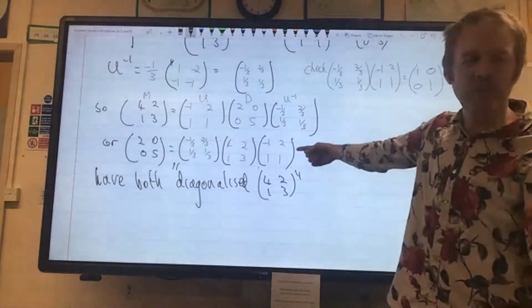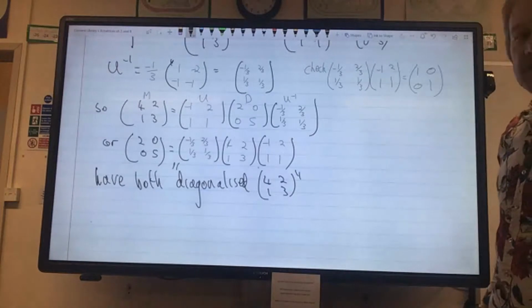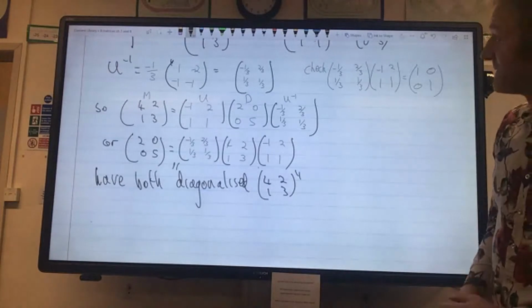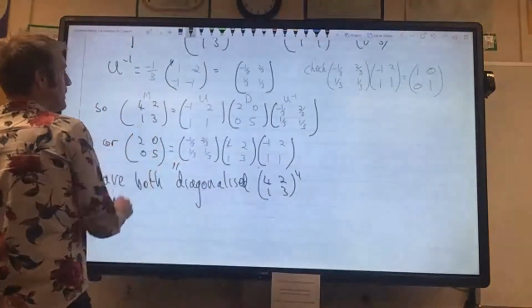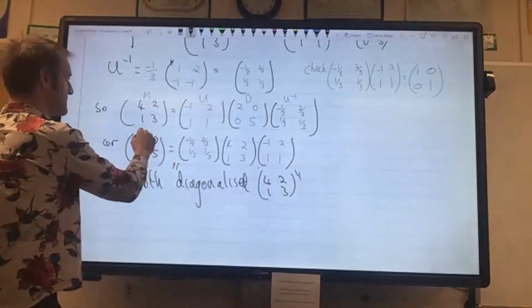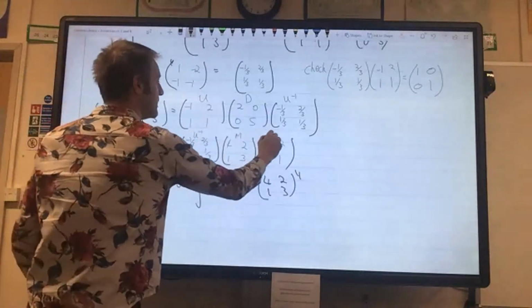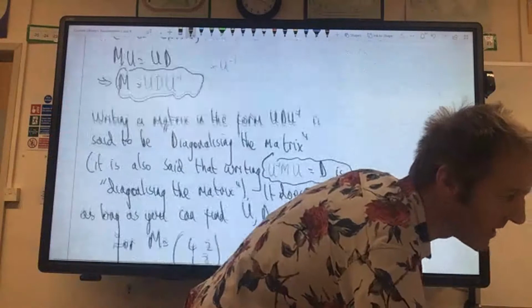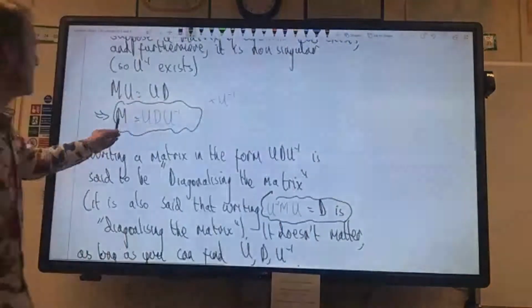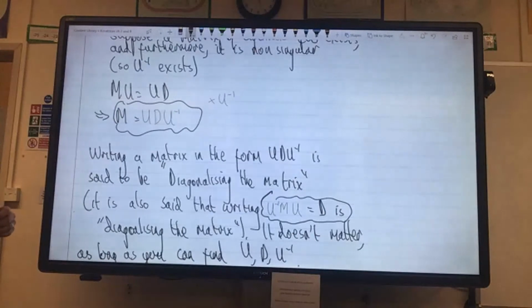Has anyone checked? Does this work? I don't really understand. Okay, so let me just write U minus 1 M U. What I did here, Ella, in my derivation, I ended up showing that M is equal to U D U minus 1. Are you happy with that?